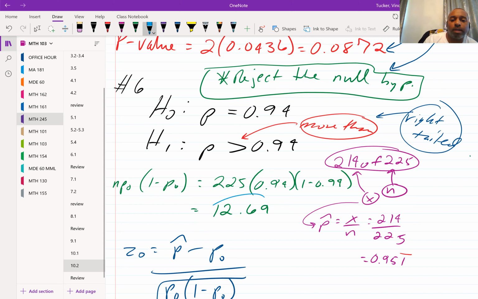Here I ended up getting 12.69, which is greater than 10, and that allows me to continue on with my normal distribution and Z-scores. Then I calculate P hat by doing 214 over 225, which is 0.951 repeating. Before I go to my test statistic, is everybody okay with what we pulled from the problem?